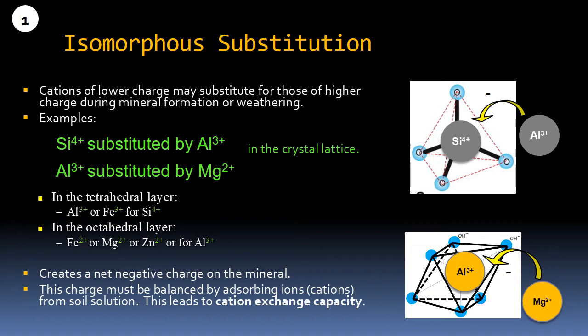The same condition applies for the octahedron: undergoing weathering, the central atom like aluminum can be replaced by something with the same size but a lower charge, like magnesium.